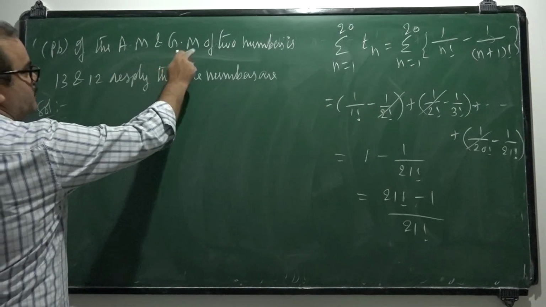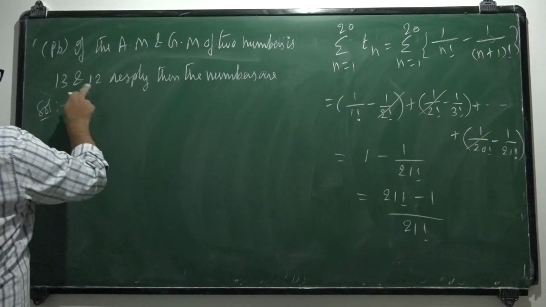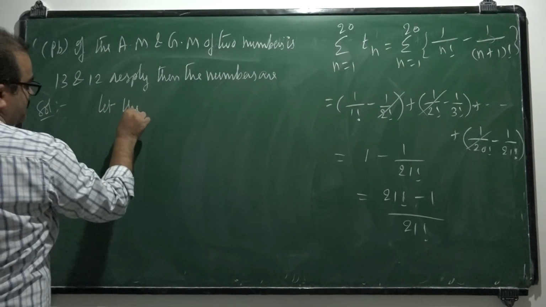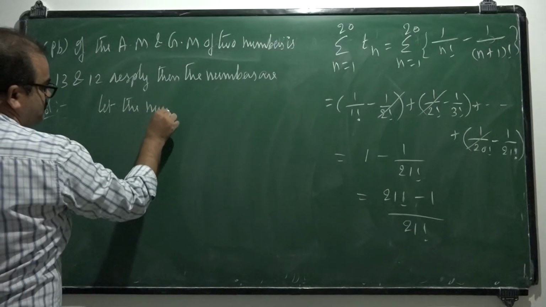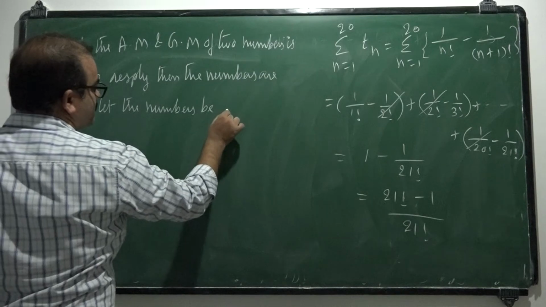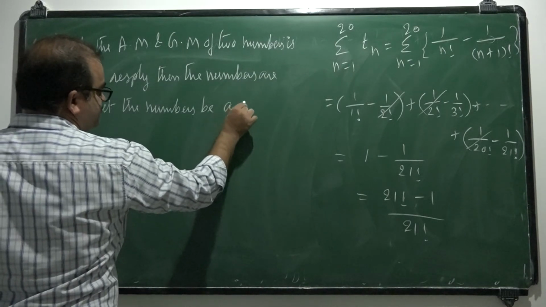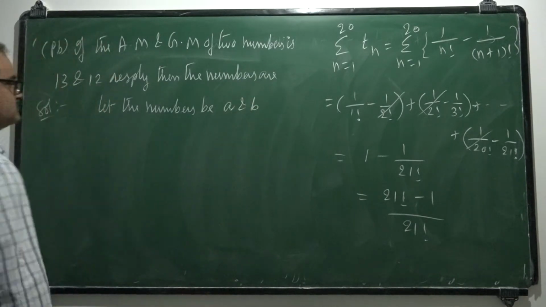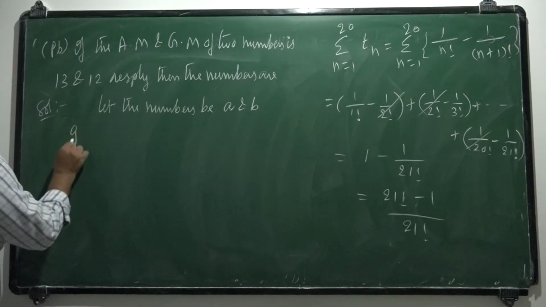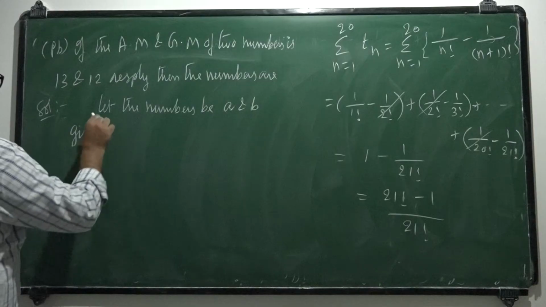Arithmetic mean and geometric mean of two numbers is 13 and 12. Let the numbers be A and B. Let A and B be the numbers. What is given?